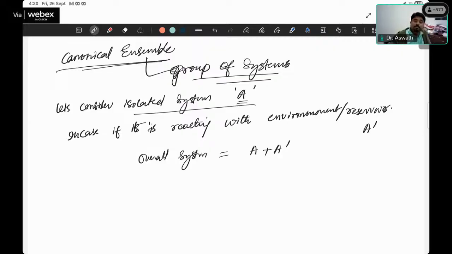Now what happens? The system, by nature, has an arrangement in such a way that it can have a range of energies.